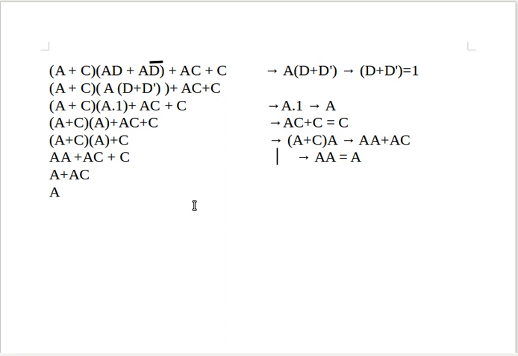We forgot to take the C. I only put it there. It is gonna be ORed with C. So either this equals A or this equals C. Whichever one you want. Both of them are gonna give us the same answer.